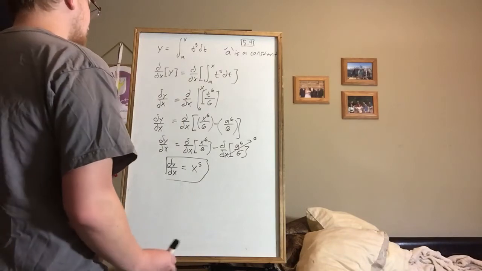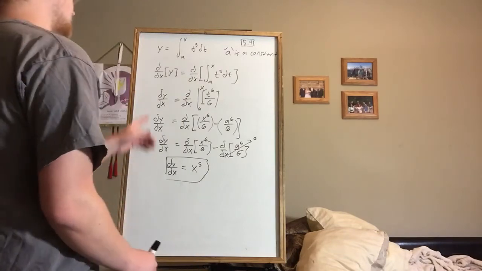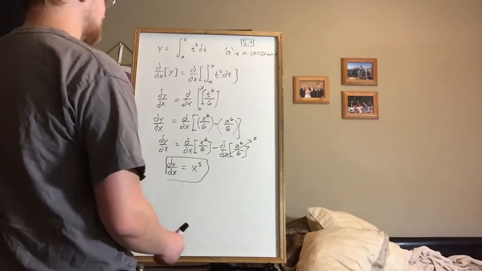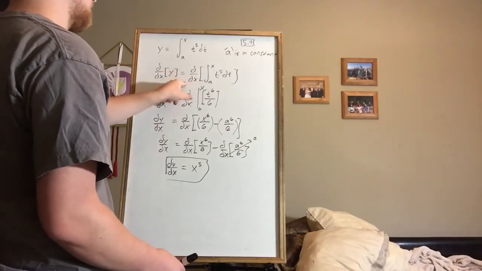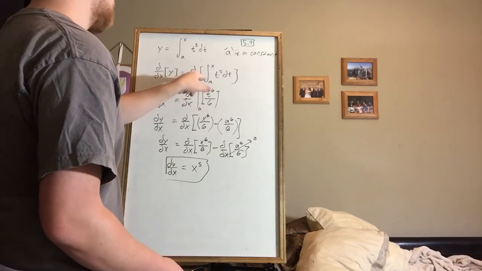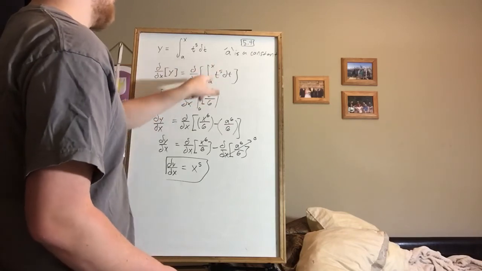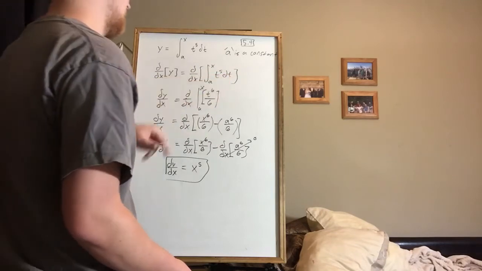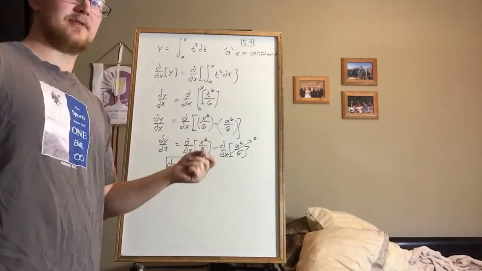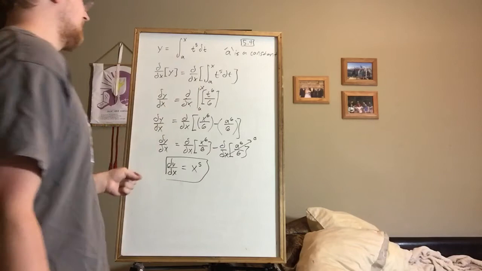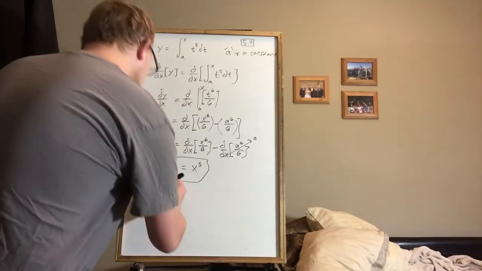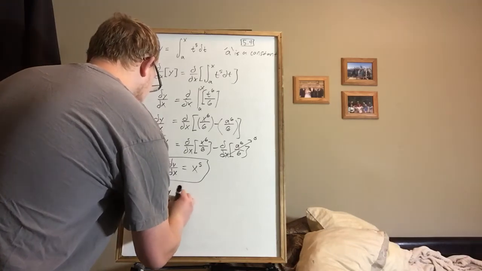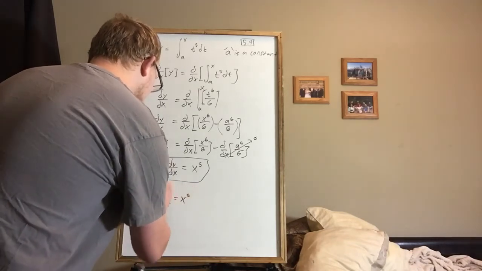And so what that rule states is that if I'm taking the derivative with respect to x of some function that goes from a to x of t to the fifth dt, or any third variable for that matter, you can actually skip the whole process of integrating and deriving and know that dy dx is automatically x to the fifth.